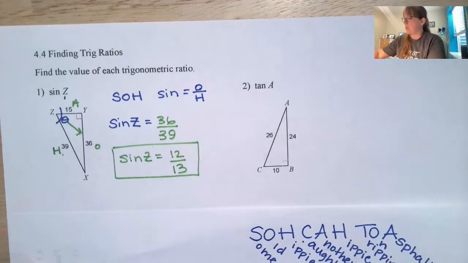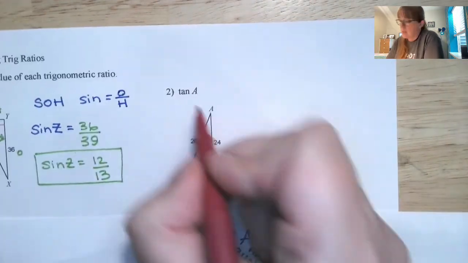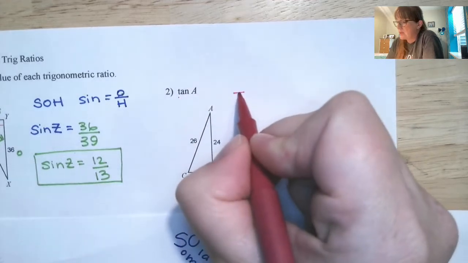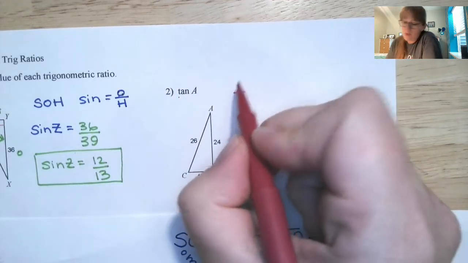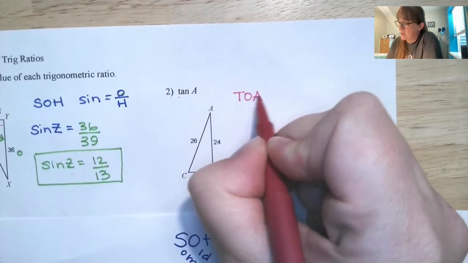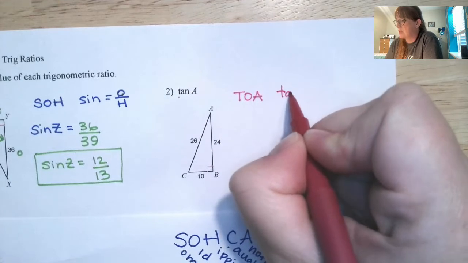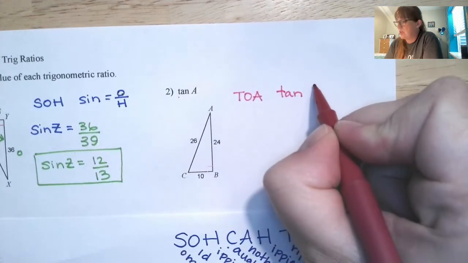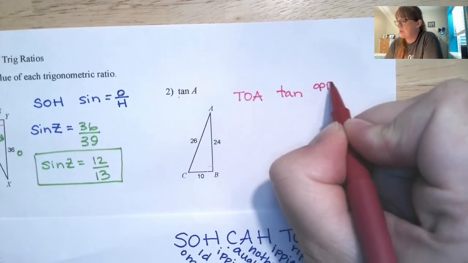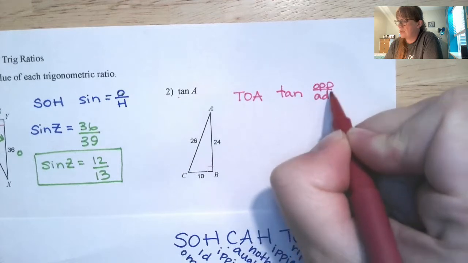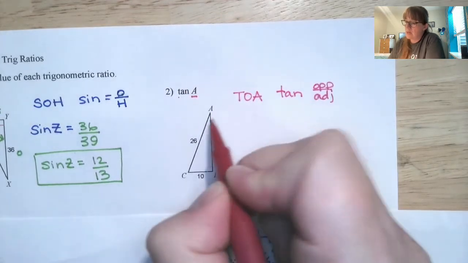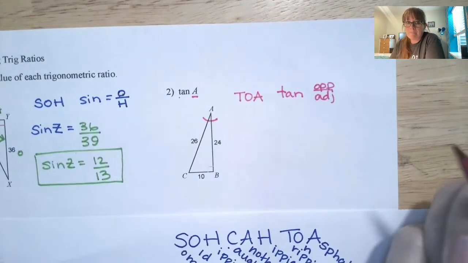Okay, let's try another one. Tangent. Okay, so that's a T. So some old hippie caught another hippie tripping on asphalt. So tangent is going to be on, which is opposite, asphalt, which is adjacent. We're talking about angle A, so let's go ahead and mark it.